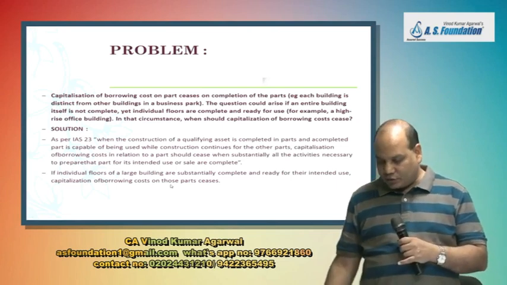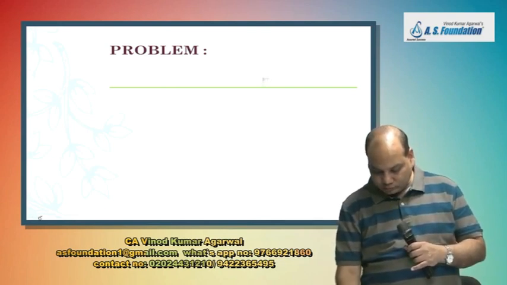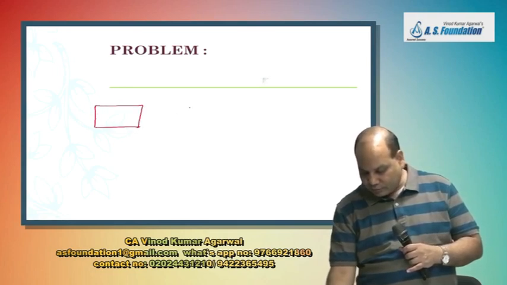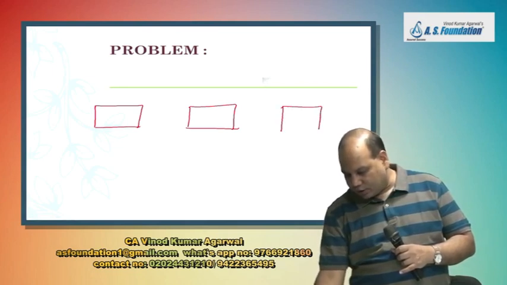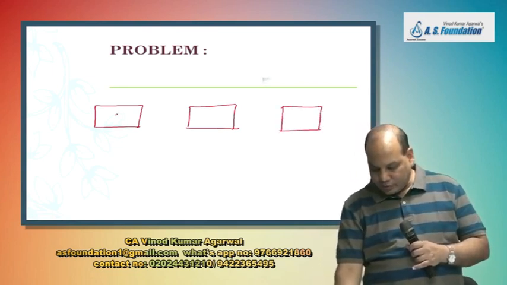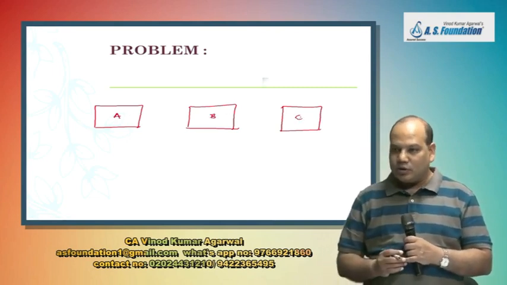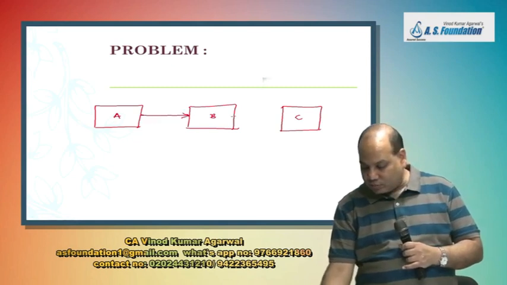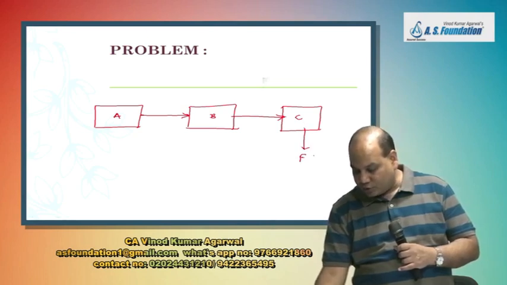First I'll give you one example to understand. This is a factory and there are three processes involved in this factory. Output of process A will go to B, output of B will go to C, and then C will produce the finished goods.